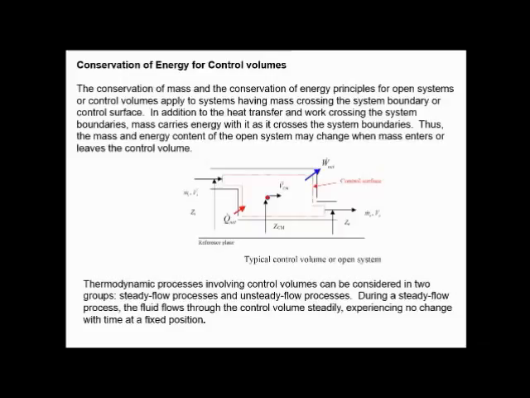You can see in this diagram the mass M1 and volume V1 entering through this inlet, and this is the control surface where the volume is VCV, and through the outlet, mass ME and volume VE is ejected. The inlets and outlets are kept at different heights Z1 and ZE. So we'll study what happens in these types of cases.